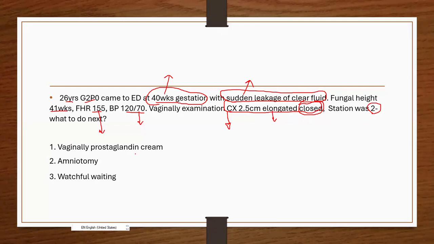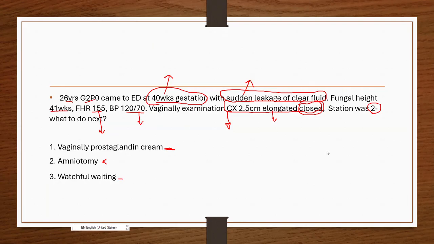here you have vaginal prostaglandin cream, that is for cervical ripening, for cervical induction. You have amniotomy. Amniotomy is not necessary here because the membranes have already ruptured. Watchful waiting. So you have to decide whether you are going to wait some time for this to progress or whether you are going to give vaginal prostaglandin cream.